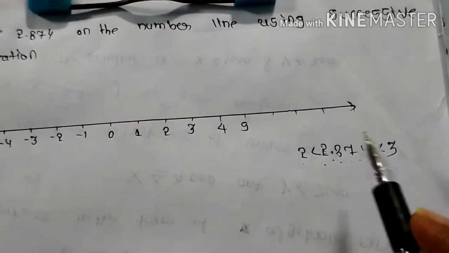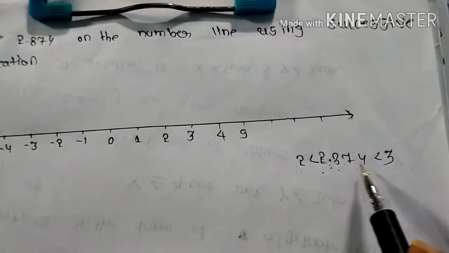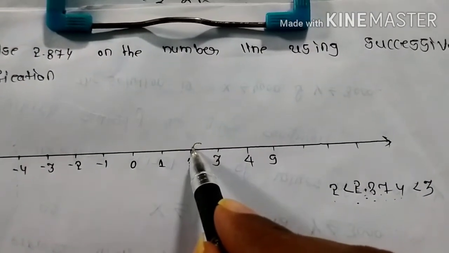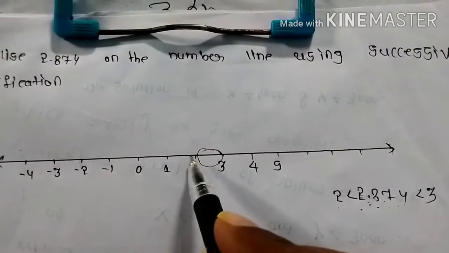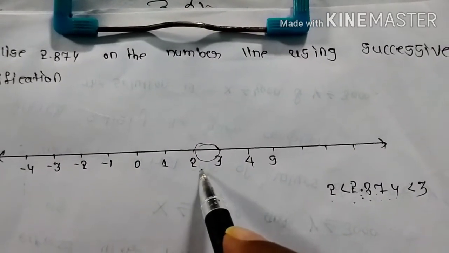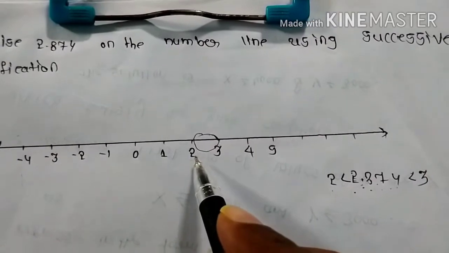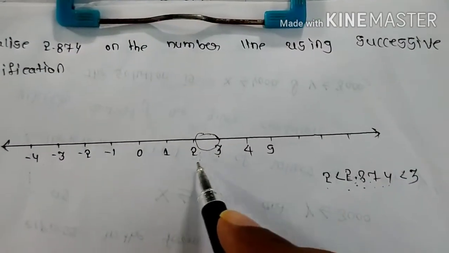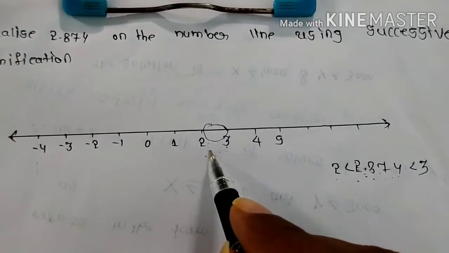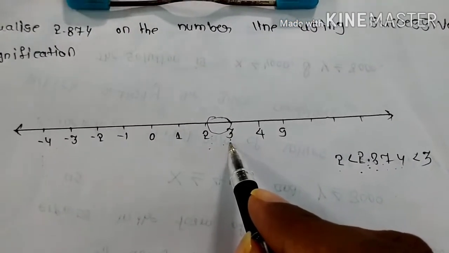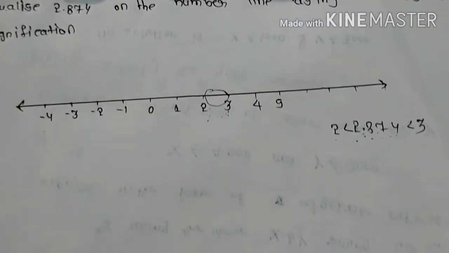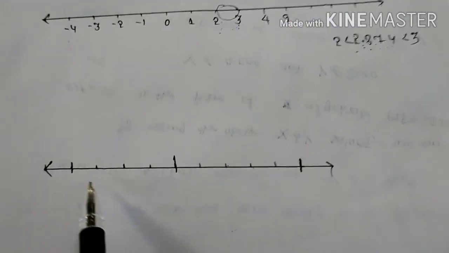That means 2.874 lies between 2 and 3. So you have to divide this 2 and 3 into how many equal parts? 10 equal parts.